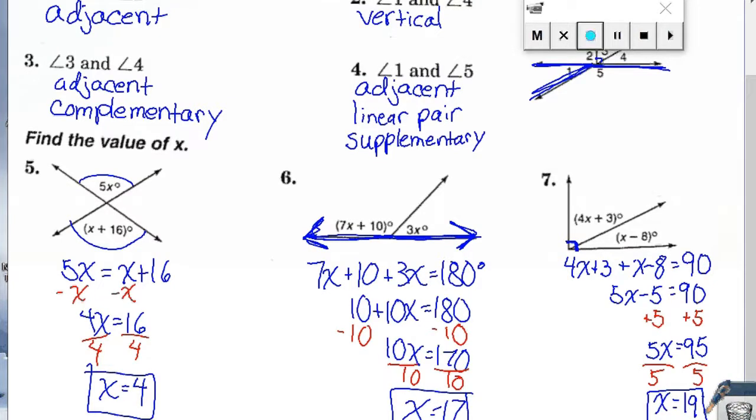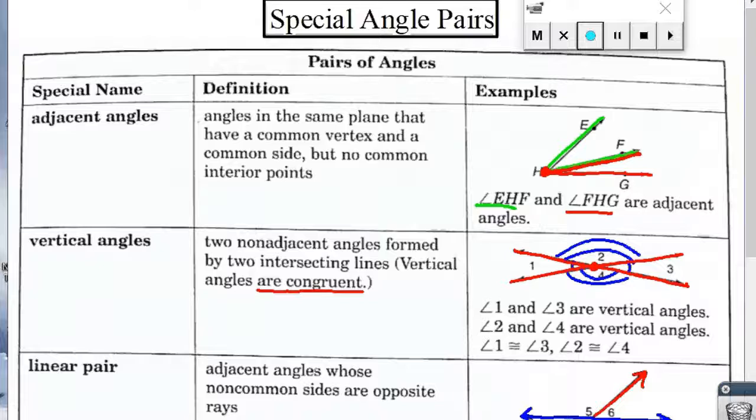So guys, what it all comes back to are these first couple of definitions. Adjacent angles are angles in the same plane with a common vertex, common side, but no points in the interior. So what you have, they share one side, and then they have two other sides.